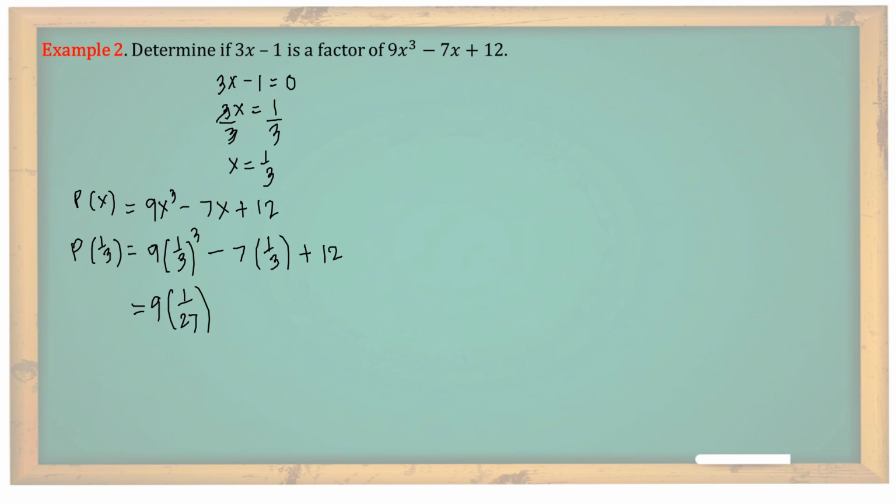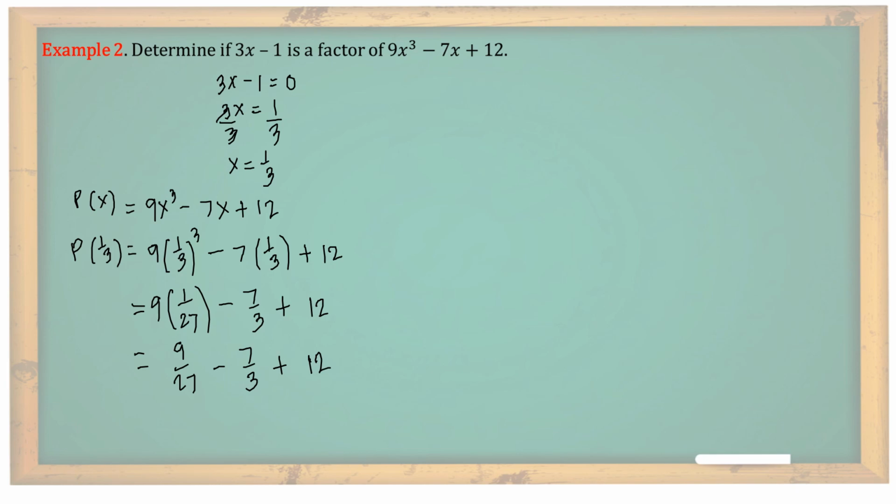Okay? So 3 times 3, 9 times 3, 27. Minus 7 over 3 plus 12. Okay? So ito ay magiging 9 over 27 minus 7 over 3 plus 12. Okay.